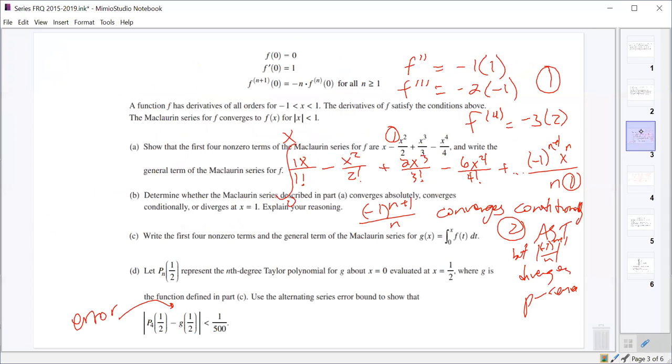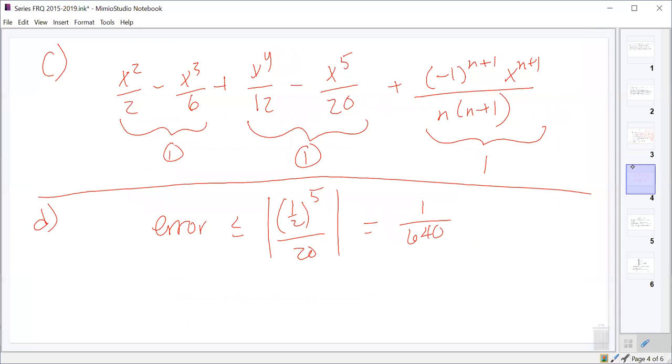And what were we trying to show is less than 1/500. So since 1/640 is less than 1/500, our error that is less than that must be less than 1/500 as well. And that was worth 1 point.